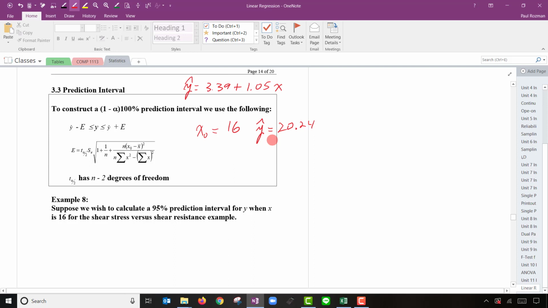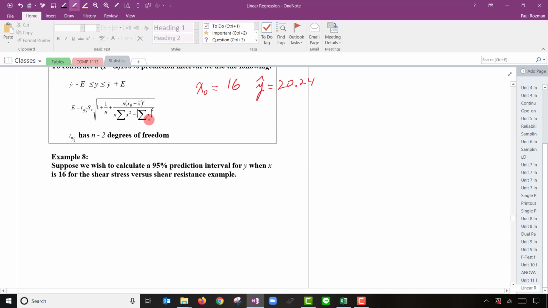It isn't exactly what it would be for the whole population. So the population value is within some range. So we calculate error based off of this formula. It uses a t-distribution with n minus 2 degrees of freedom, similar to what we had when we did our hypothesis test for the correlation coefficient.